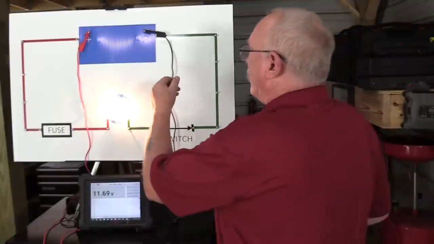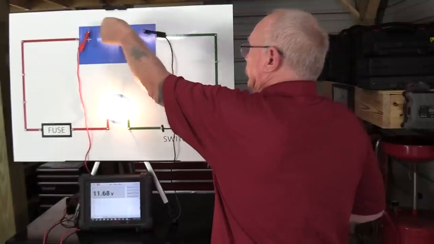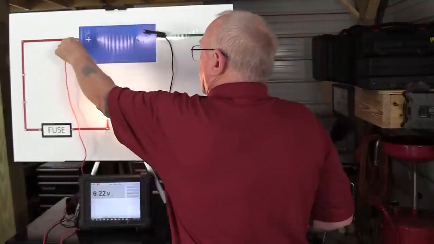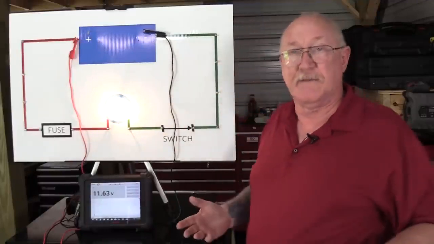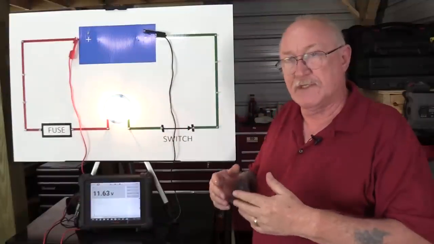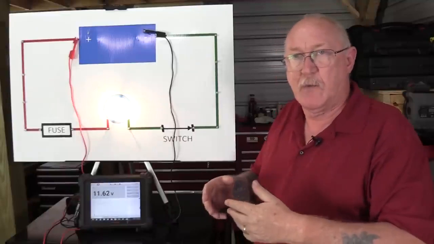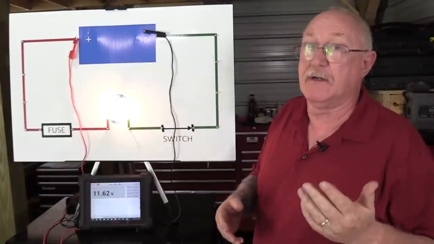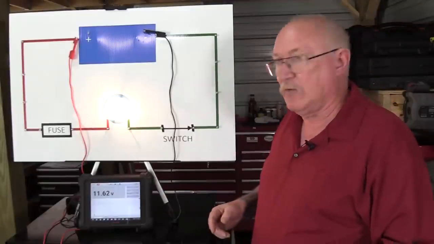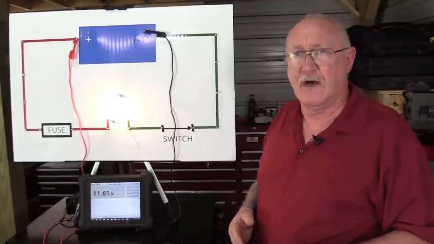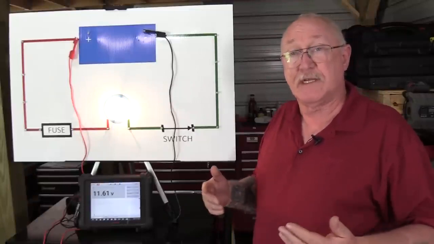We're just going to take our positive lead and we're going to move that to the very first fitting we have there. That's going to simulate the point between the battery post and where the cable connects, a very common source of problems. And you can see that we have lost some voltage, not much, maybe about 100 millivolts, but that's all I would expect.